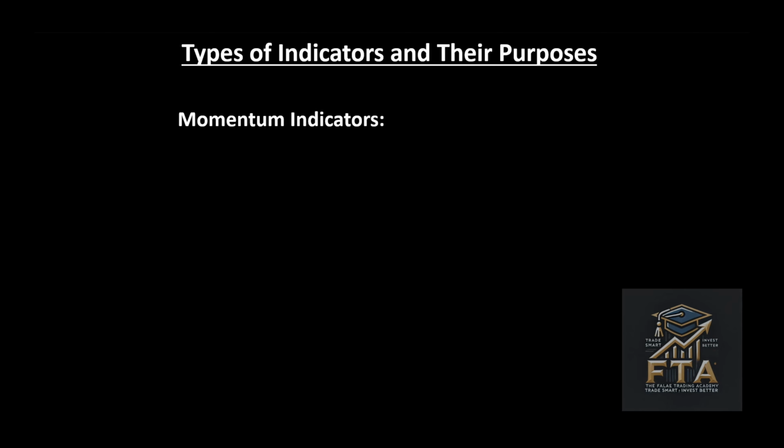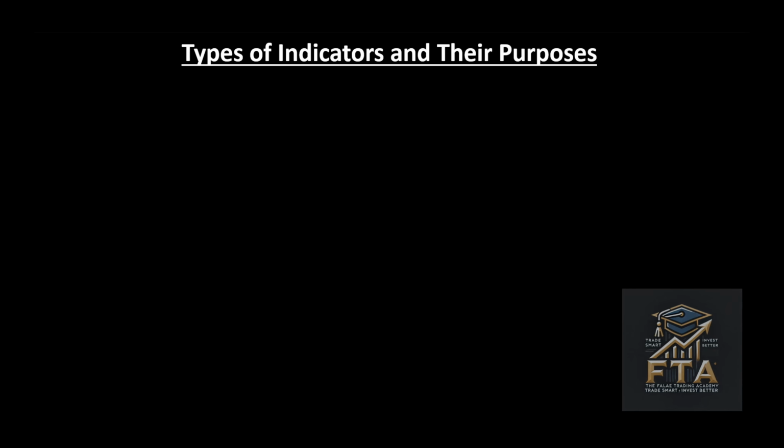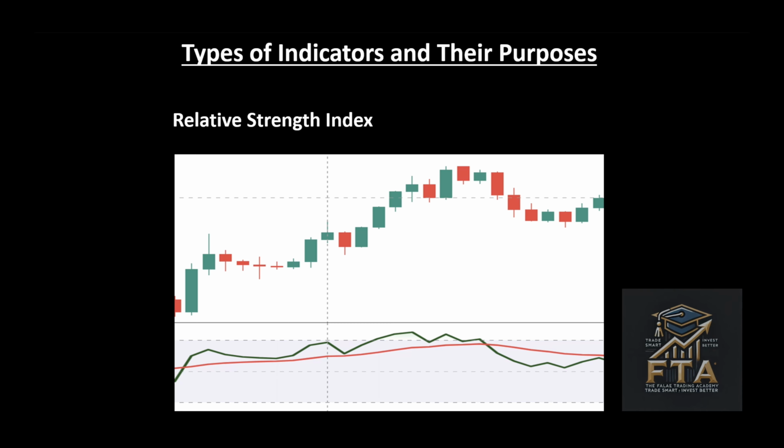Momentum indicators. Momentum indicators are supposed to show you how strong a trend is or if it's losing steam. An example would be the relative strength index, which is one of the indicators I've used in the past and still use occasionally. The RSI is an off-chart indicator, which means it's below the actual charts, and I've changed the color of the two lines here.